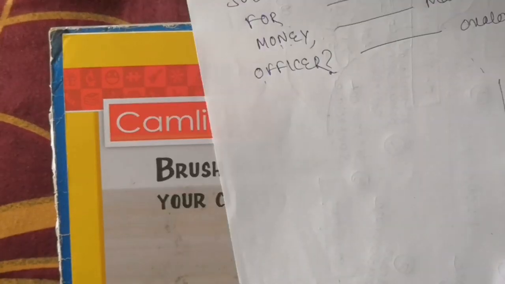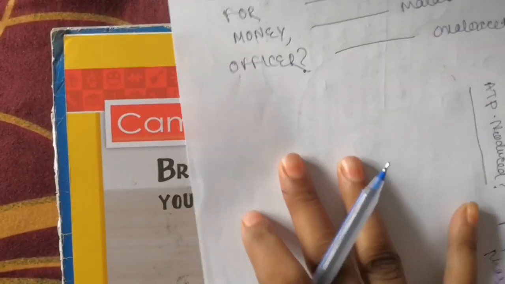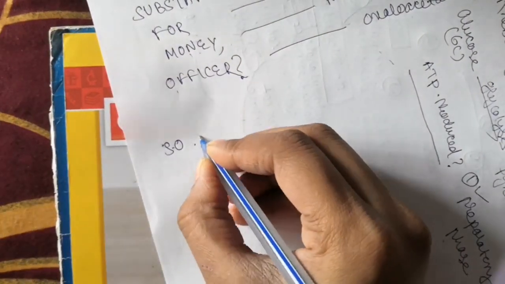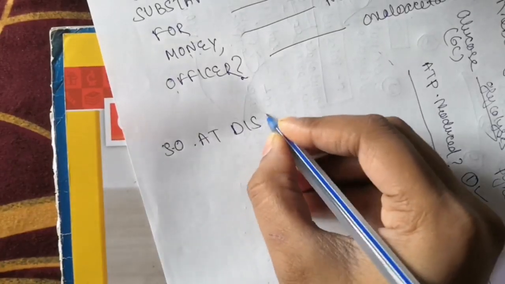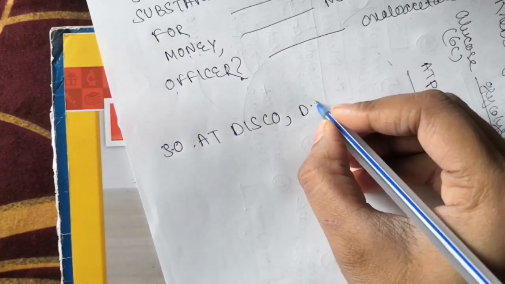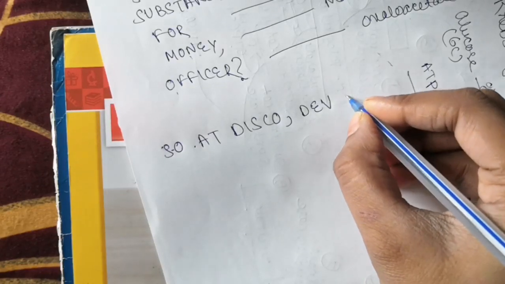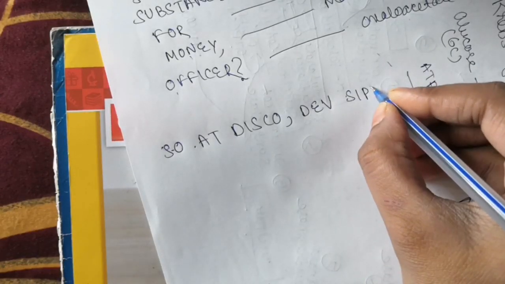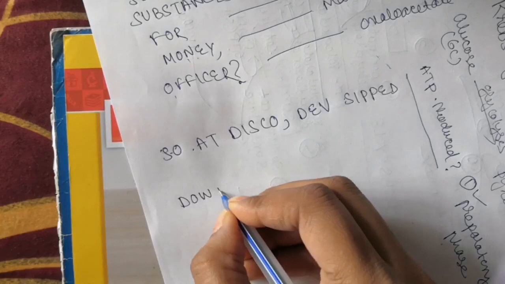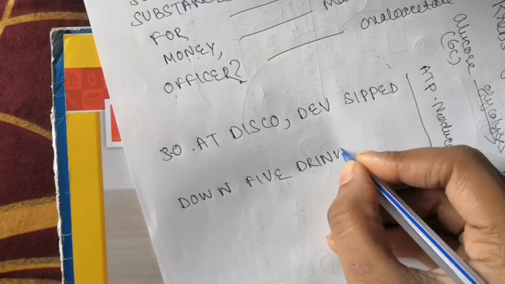This is all about the cycle, and next are the enzyme names. How to remember all the enzyme names? So: At a disco, they've sipped down 5 drinks.